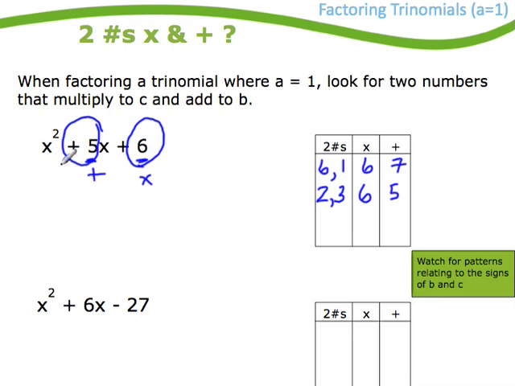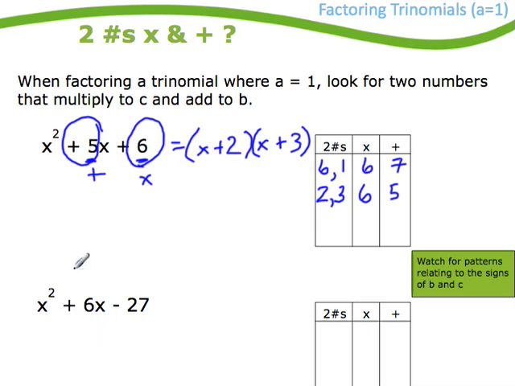So now all I have to do is re-express this, and I put an x in the first slot of each bracket, and then I simply put these two numbers beside them. So one is a plus 2, the other one is a plus 3, and I'm done. It's always good to check, so do your FOIL again to make sure you come up with the first answer. But we've just done this one twice on the last page, so I think we're okay.